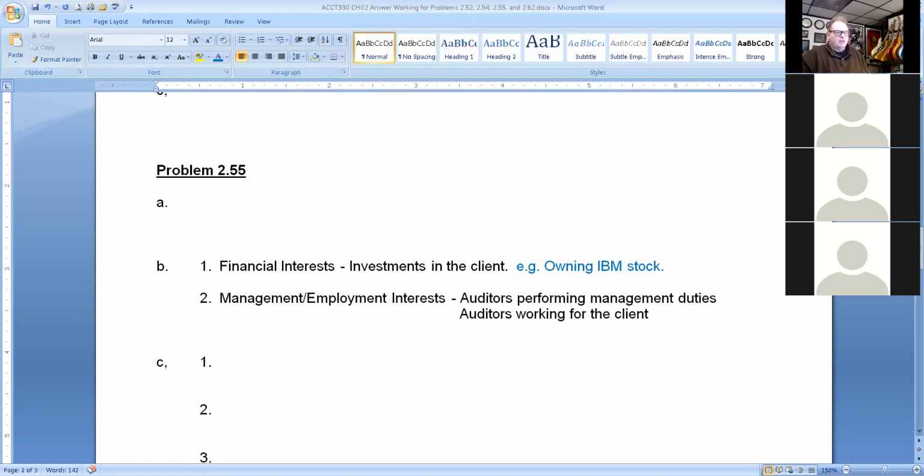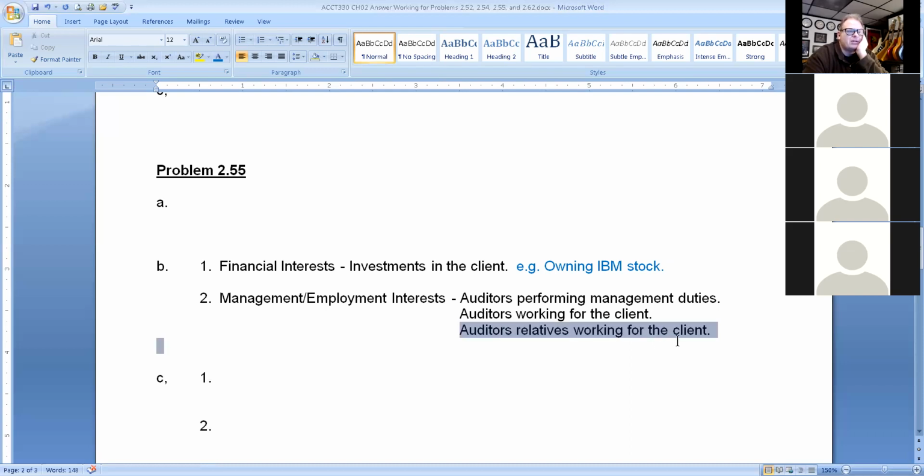It could also be auditors' relatives working for the client. You have a spouse who's an operating officer for IBM. Can you do the audit?